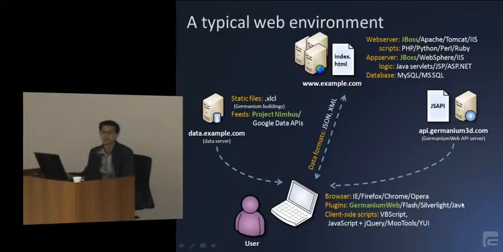Okay, so you guys have some modern browser, i.e. Firefox, Chrome, Opera, hopefully not IE6. Okay, browser plugins. Okay, pretty much everyone has Flash. Most people have Java also. Some people have Silverlight, and of course, if you're here today, you have GermaniumWeb installed.